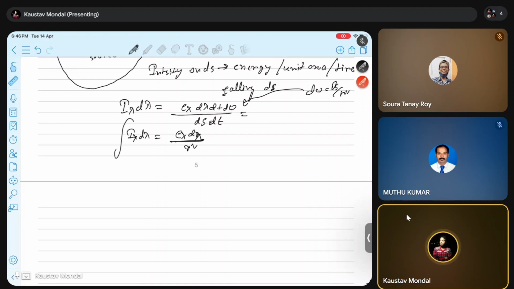And you have to do the integration from 0 to infinity, the whole wavelength range. This gives you the total intensity I, and that means it should be proportional to 1 by r square. So intensity will be inversely related to r square from a point source.